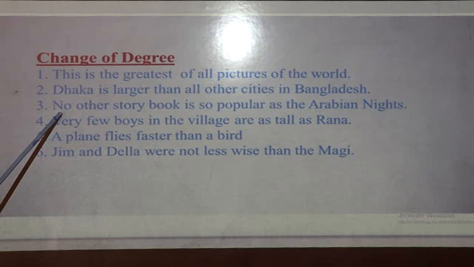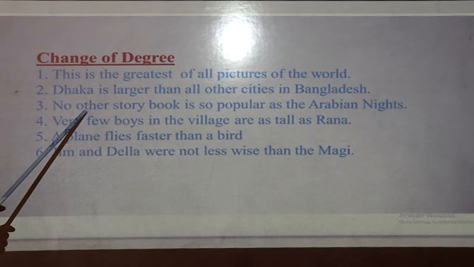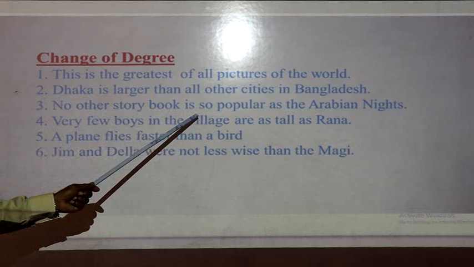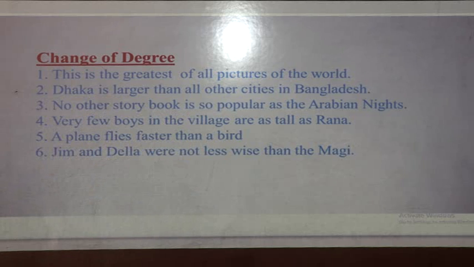Number 3, No other storybook is so popular as the Arabian Nights. No other, it is positive degree. So let us make it comparative degree. Last subject, the Arabian Nights is the name of a series.